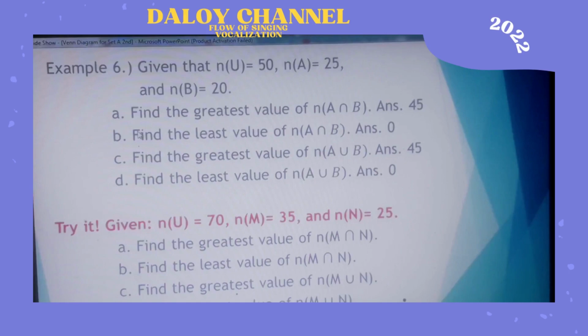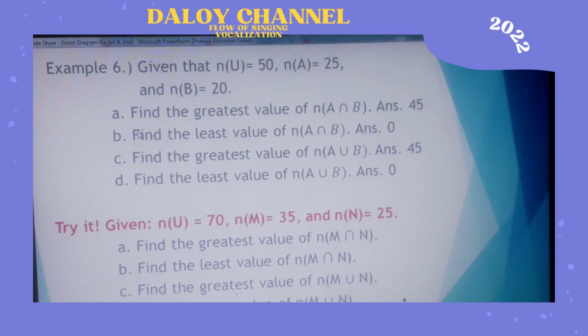So how can we get this? Considering that the sum of A and B is also 45, the intersection will be equal to 45 if the union between A and B is equal to 0.